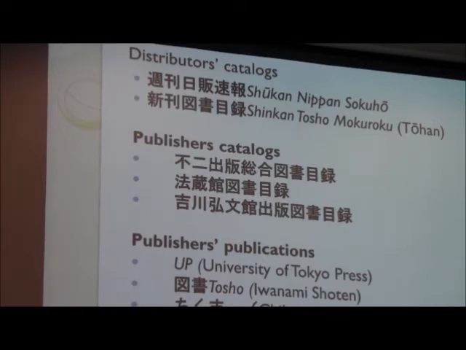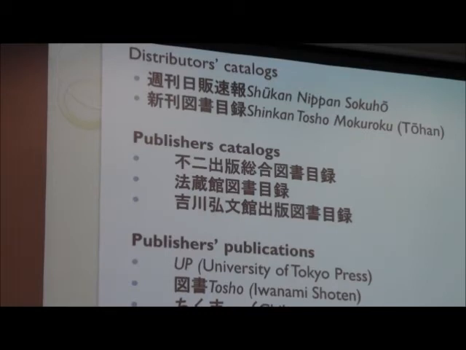But anyway, there are distributors' catalogs, and publishers also have their own catalogs. These are just examples, but Fuji Shuppan Soho Toshomoku, Hozokan Toshomoku, Yoshikawa Kobunkan Shuppan Toshomoku. I have rows and rows of these publishers' catalogs in my office. Sometimes, to see entirely what they have, a publisher's catalog is quite important.